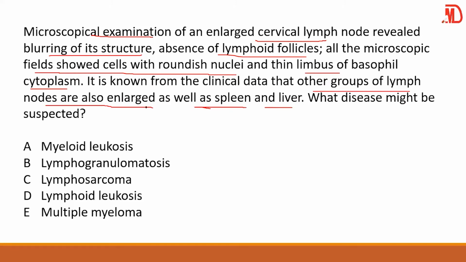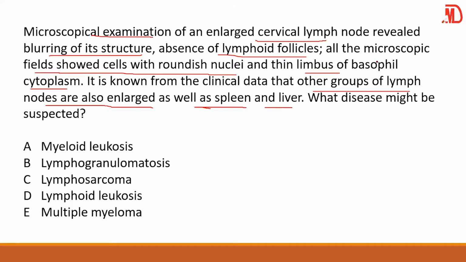So definitely you could be thinking of a problem with what called lymphoid leukosis, which is a type of malignant neoplasm characterized by the proliferation of cells native to the lymphoid tissue. That is lymphocytes.